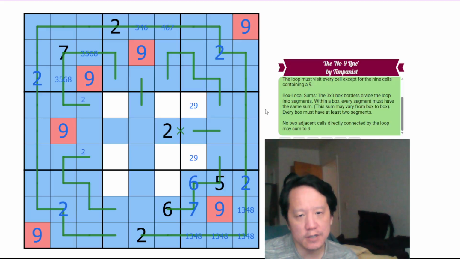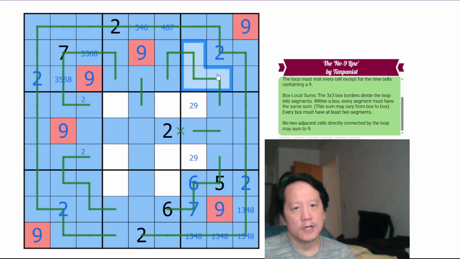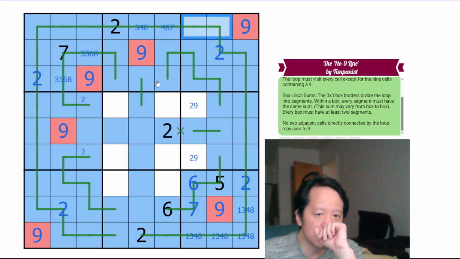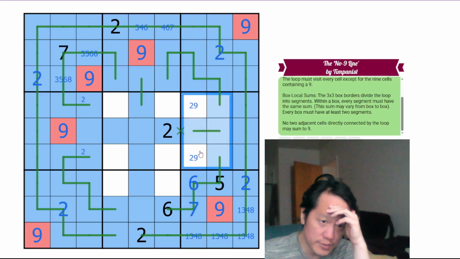Which means 1... okay, so 1 is one of these 4. 1 is one of these 2. So we're guaranteed... where are the 1s, I guess? 1 has to be some portion of this.